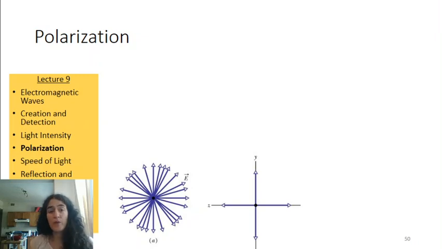So unpolarized light, or light coming from the sun, we would expect it to have completely randomly oriented electric fields, right? And that's what this picture is representing. So a bunch of different light, each light has an electric field that is oriented in a different direction.